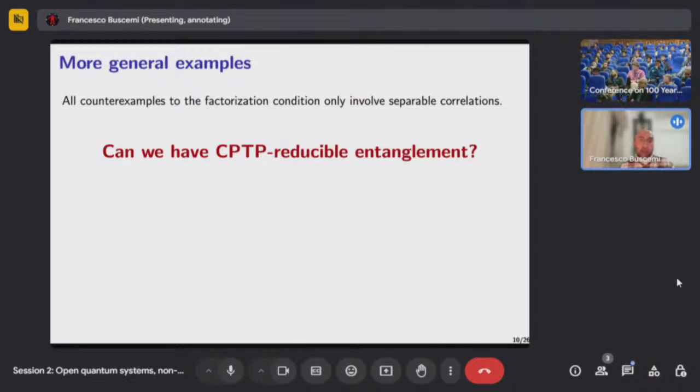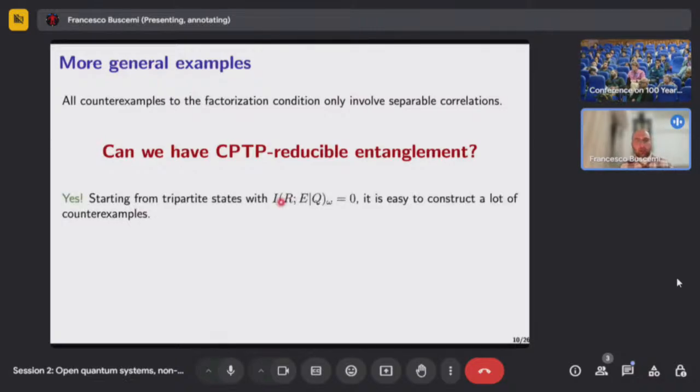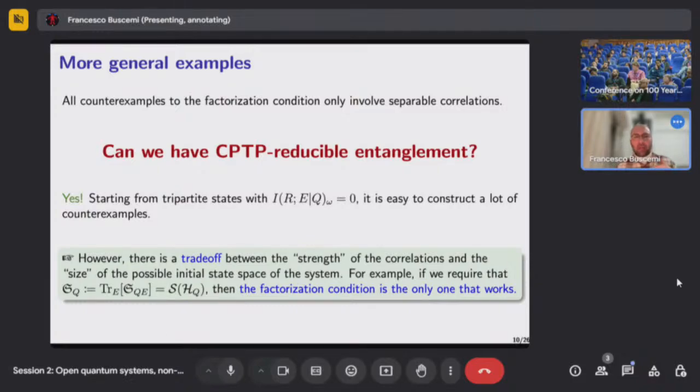There are a lot of tripartite states that satisfy the Markov condition, and yet when you look at the states that you can steer on system and environment, these could be entangled states. So it is easy to construct a lot of counterexamples with very, very strong correlations between system and environment. The point is not so much about how strong these correlations are, but about a trade-off between the strength of the correlations and the size of the possible initial state space of the system.